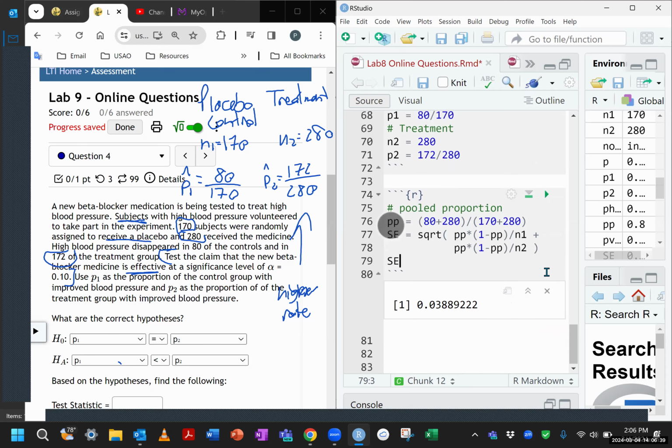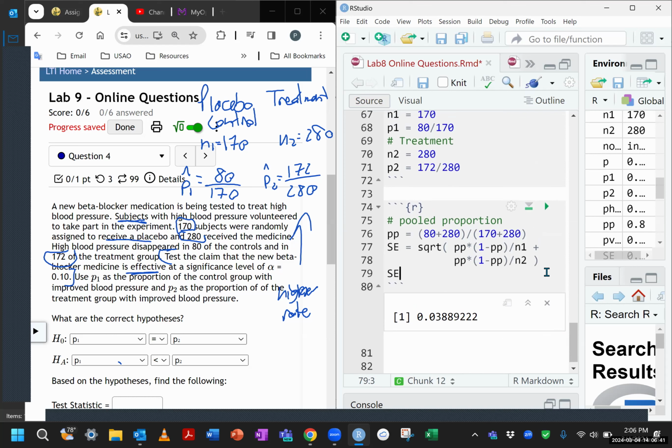So what I can say now is that this difference between the two proportions has this standard error. And if I want to use my test statistic approach, this is the Z value. I'm going to say Z is the observed difference of proportions. What is the observed difference? So I take P1 minus P2. That's the actual difference, minus the null difference. I'm going to write this out.